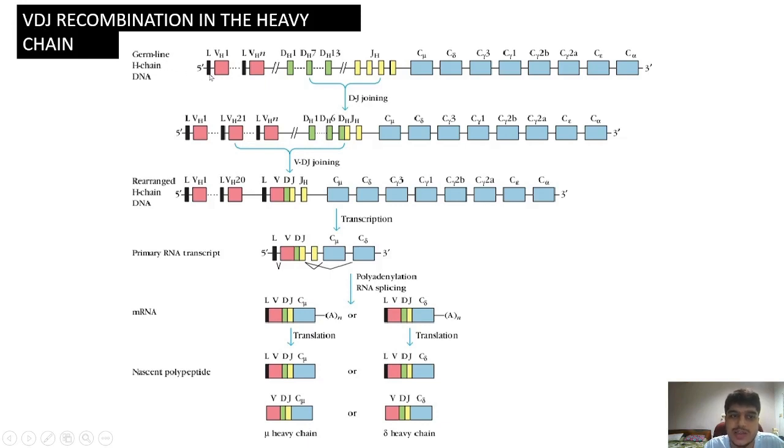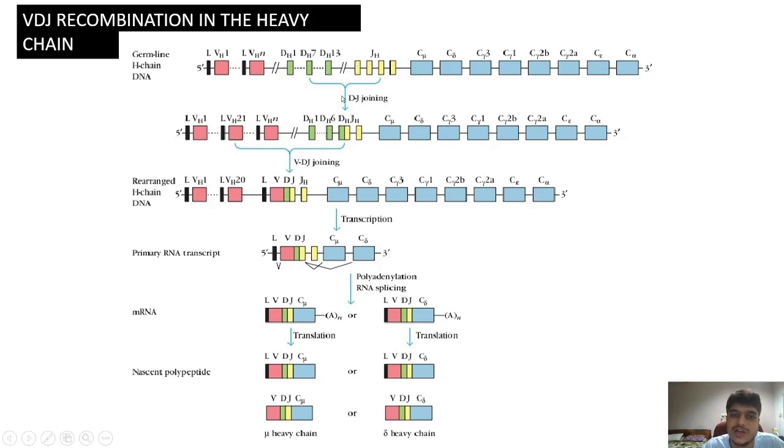Again, there is a leader segment preceding the variable segment, and you have the joining segment. The only difference from the light chain is that we have intervening segments of the diversity kind. So D is intervening between V and J. Rest of it is almost the same.